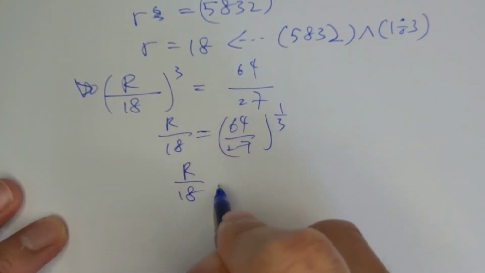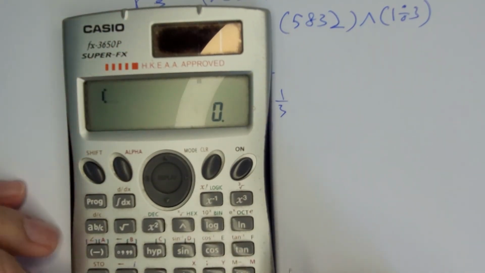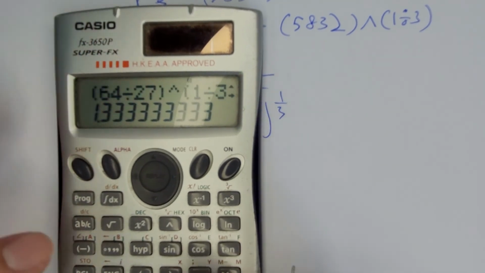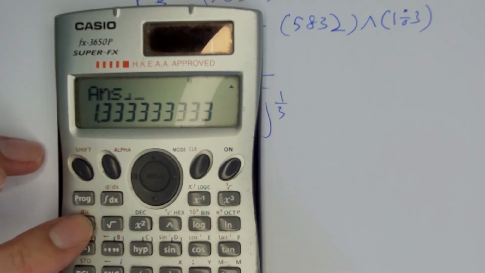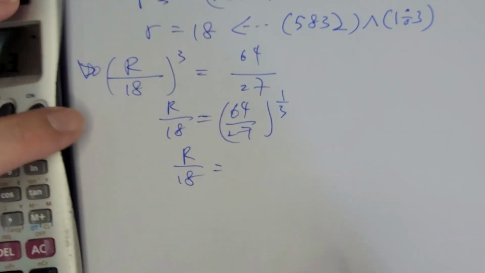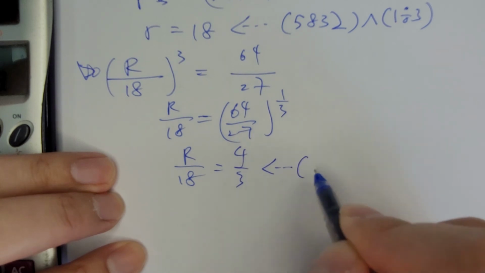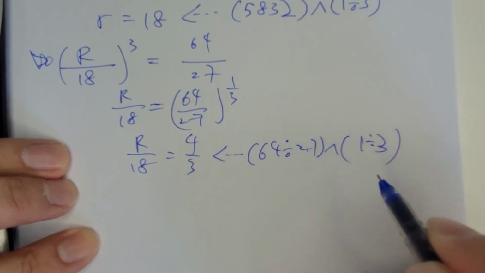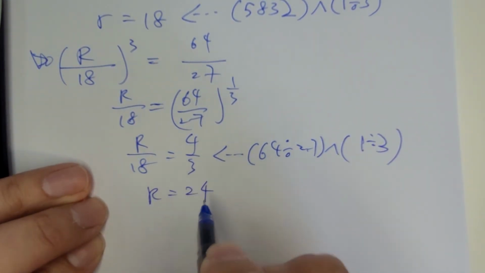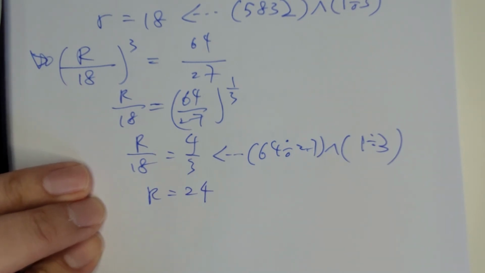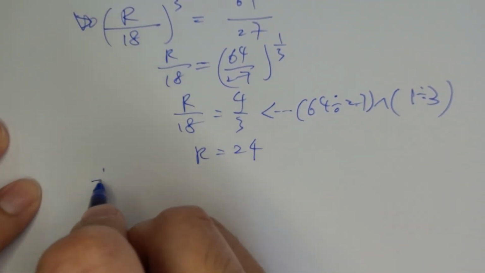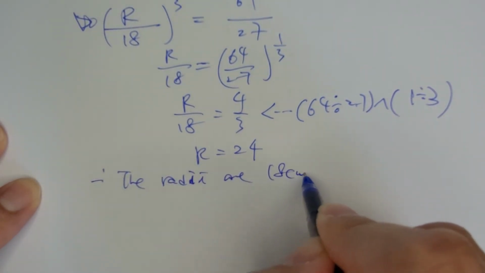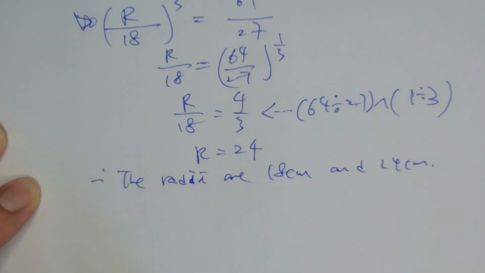Start a bracket, 64 divided by 27, to the power 1/3, that is 4/3. So R can be obtained, that is 24. Okay, so in the answering statement, the radii are 18 cm and 24 cm respectively.